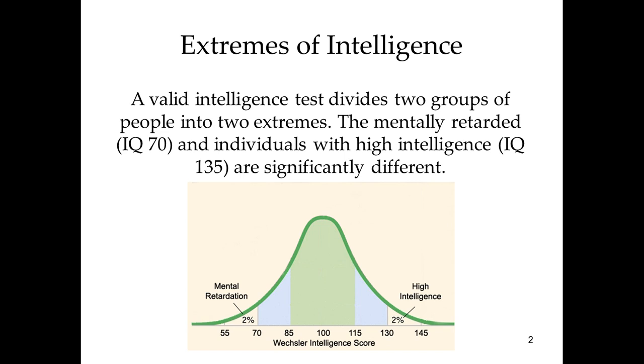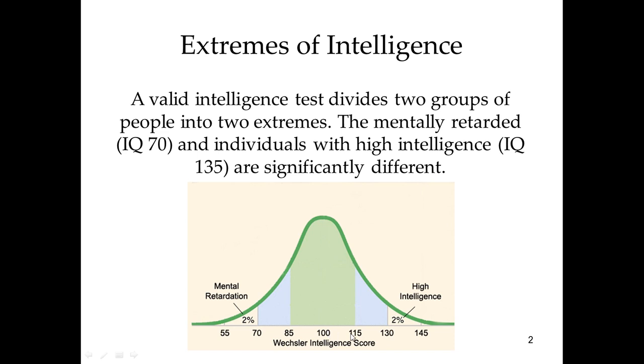And then it's nicely distributed on both sides, with roughly the same number of people being above average as below average. The cutoff points that we look at for ability are 2 standard deviations from the mean. So if you were to look at this and imagine that there was a line going down the middle, that's the mean. It's also the median and the mode, but this one's the mean right here.